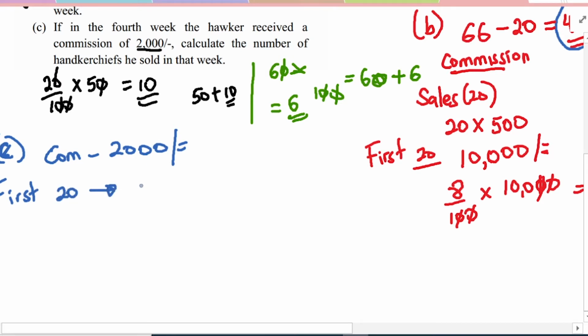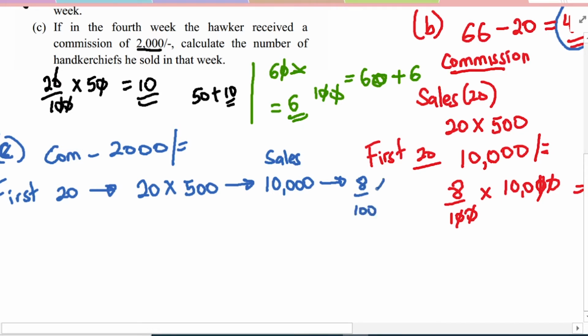It means it's going to be 20 multiplied by 500 shillings, so the total sales are going to be 5 times 2, that is 10,000. This is sales, this is commission. Commission will be 8% of that 10,000, and there we discovered it was 800.